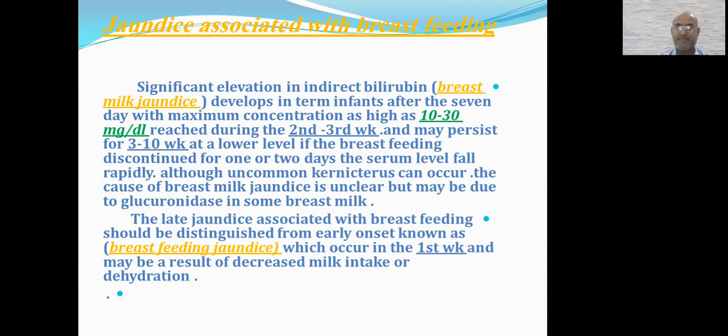So breast milk jaundice is due to the enzyme that helps increase the indirect level.